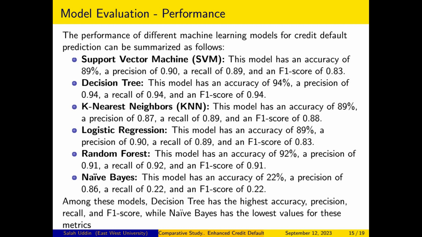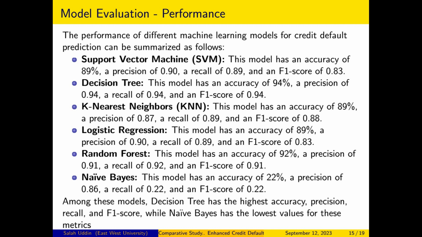Support vector machine model has an accuracy of 89%, a precision of 0.90, a recall of 0.89, and an F1 score of 0.83. Decision tree model has an accuracy of 94%, a precision of 0.94, a recall of 0.94, and an F1 score of 0.94.